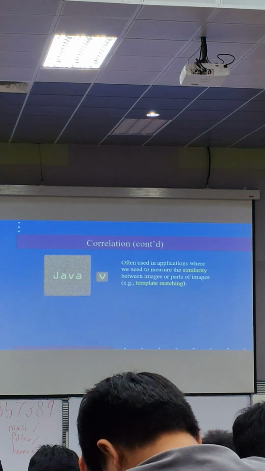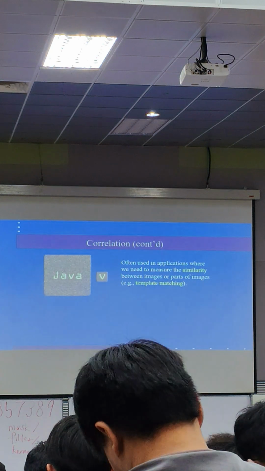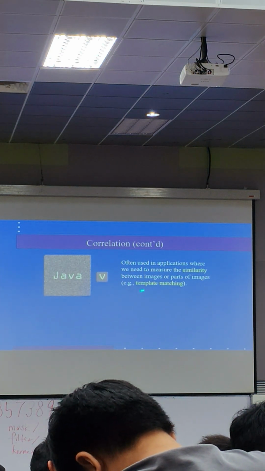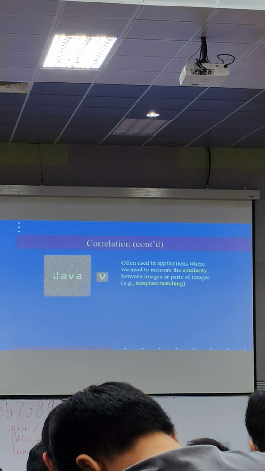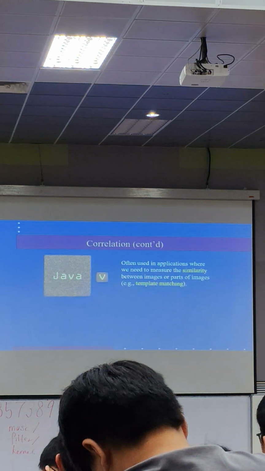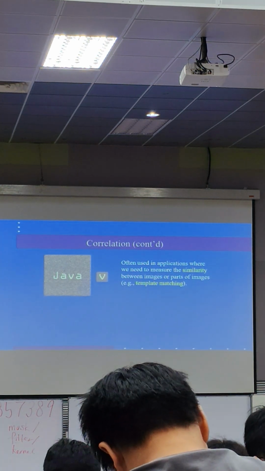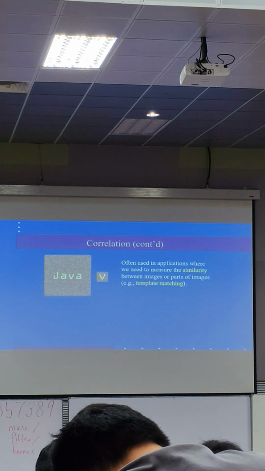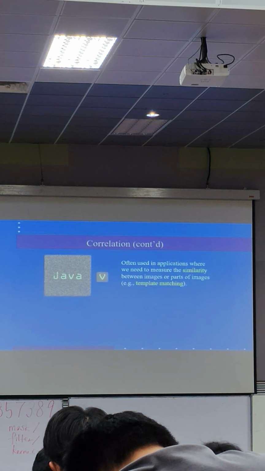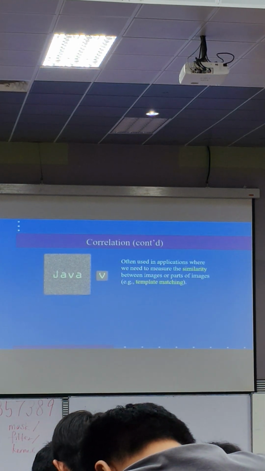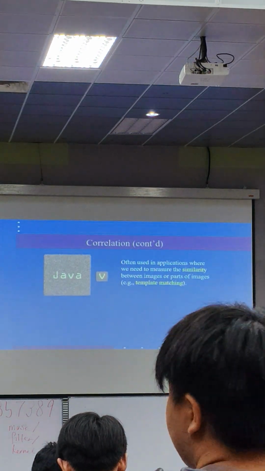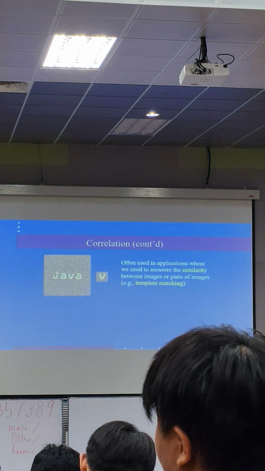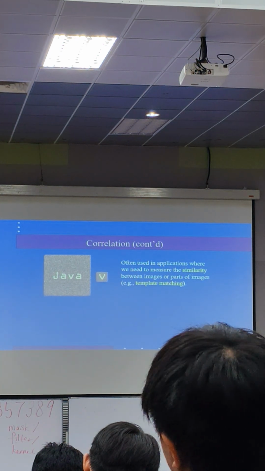Okay, correlation. One of the usages is called template matching. Not sure whether just now you were aware, some of just now I explained to our buddies here that one of the assignment topics, question number 4, is talking about object counting. So object counting means that my assignment is about the user uploading an image.